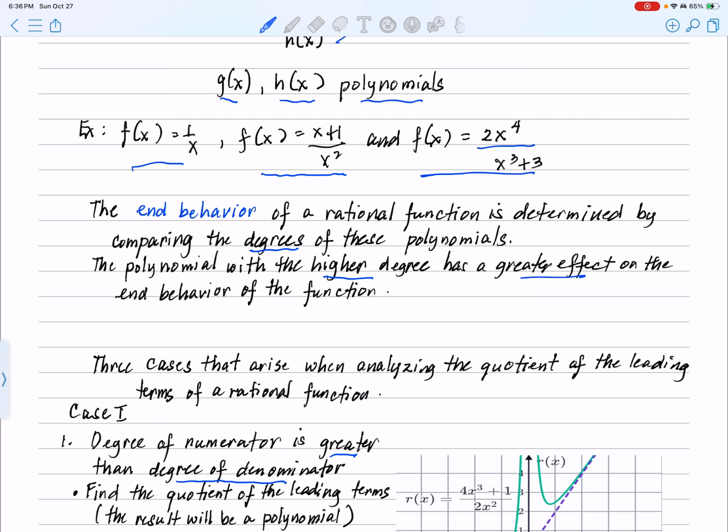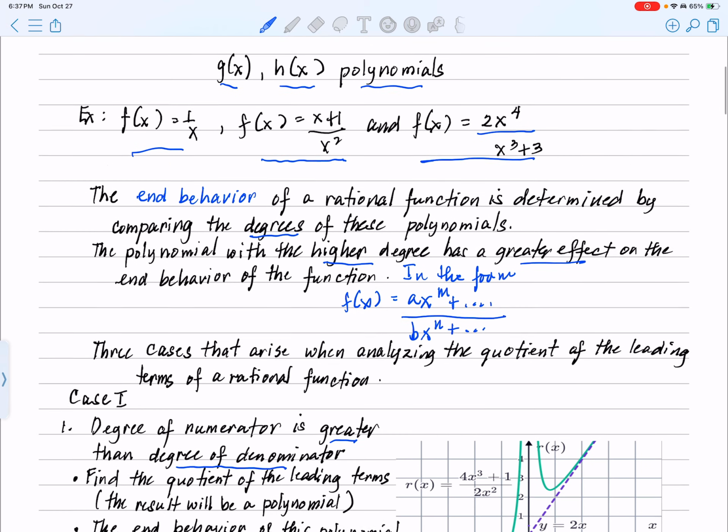A rational function is in the form f of x equals ax to the power of m plus whatever other terms, over bx to the power of n plus whatever other terms.